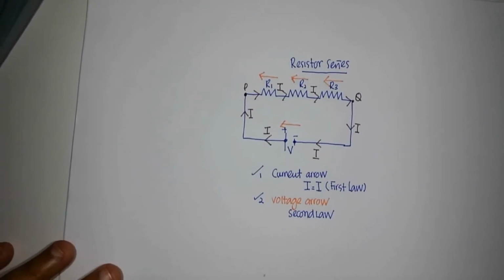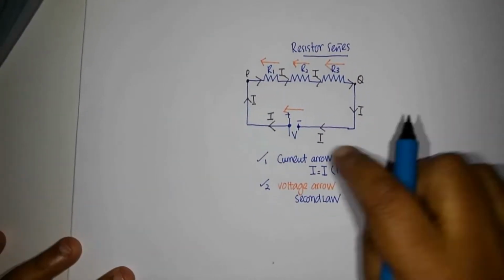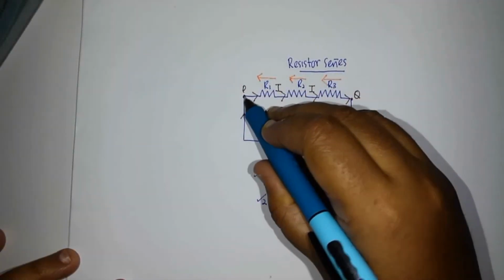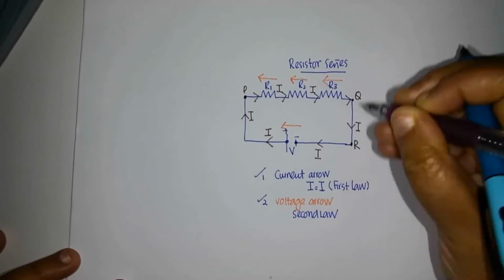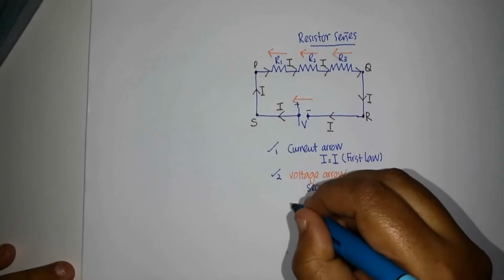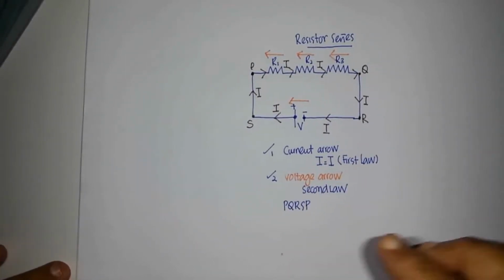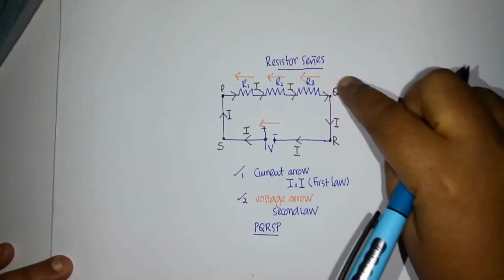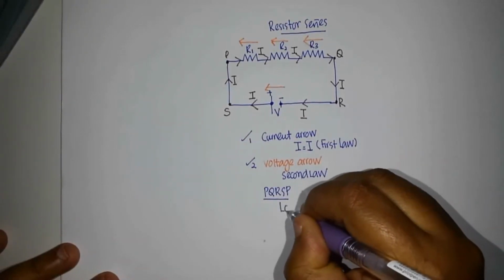After that, for the second law, there's only one loop. I'm going to label this as Q, this as R, and this is S. So there's only one loop, so I'm going to take P, Q, R, S, P. Now when I do that, I draw the third arrow, which will be the loop arrow.